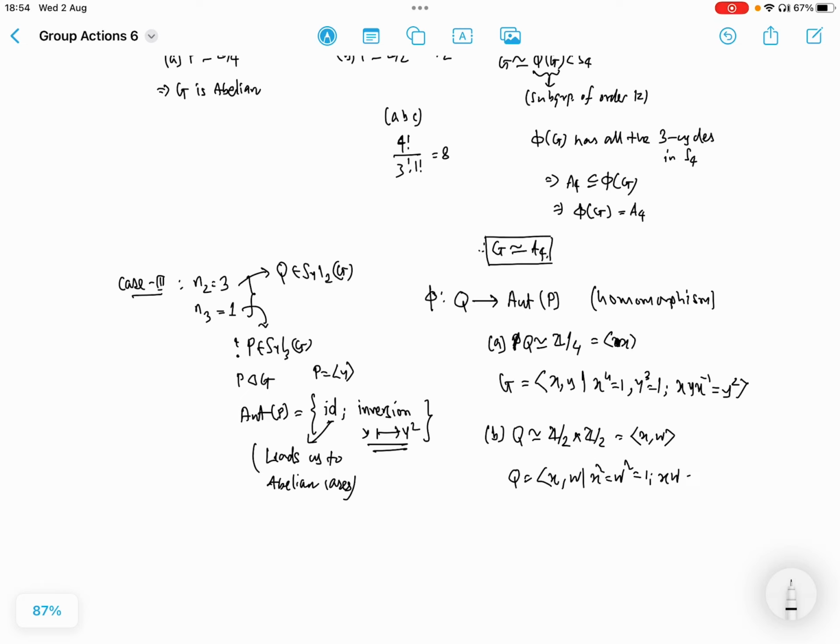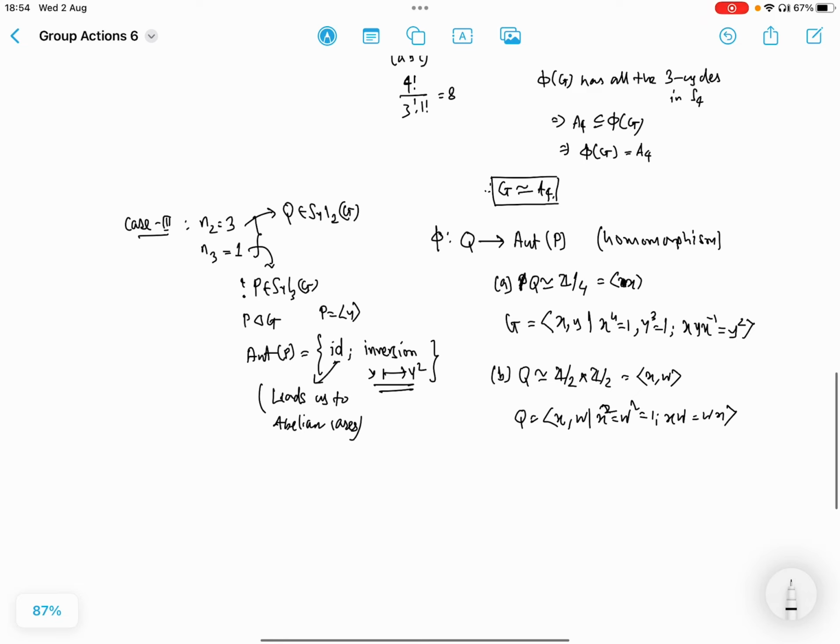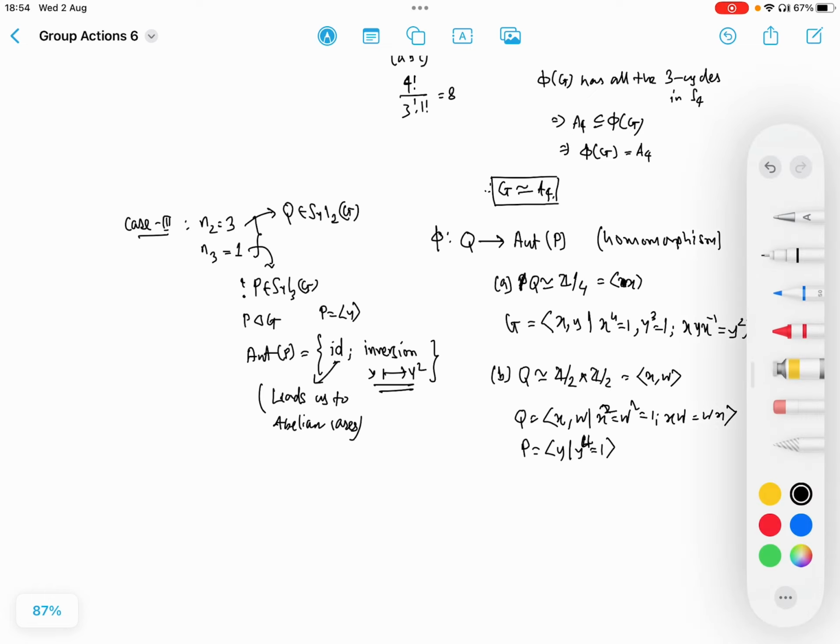That is the usual representation in generator form for Z mod 2 cross Z mod 2. And then you can easily produce an element of order 6 from P and Q. So P was this cyclic group of order 3. Sorry, I said order 4 earlier, but P is the cyclic group of order 3.